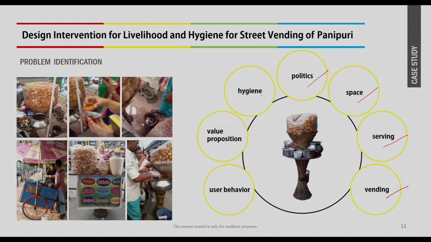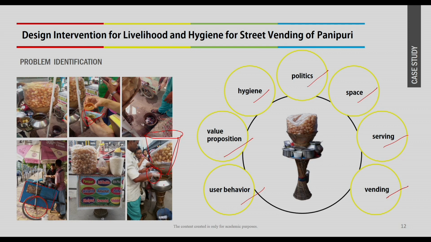We found problem related to hygiene. Sometimes they are wearing gloves, sometimes they are not. We found value proposition problem. There are 10 different Panipuri vendors, but you are confused where to go because they do not have unique selling property. There are other user behaviors also we observed, like the way they sell, the way they display.